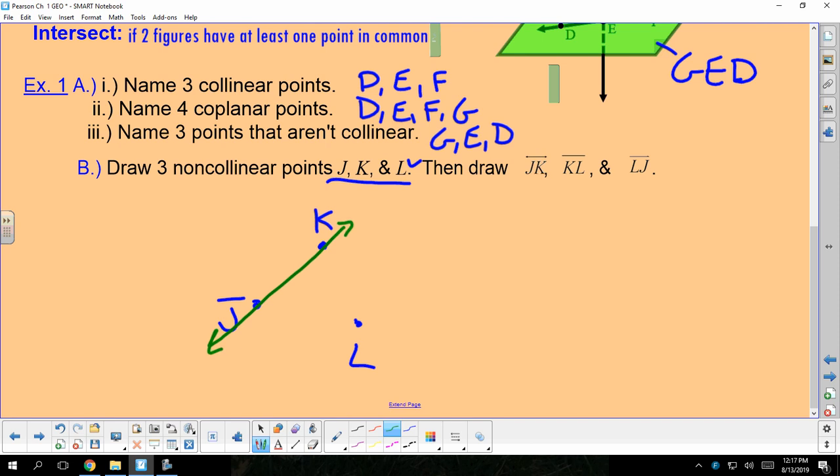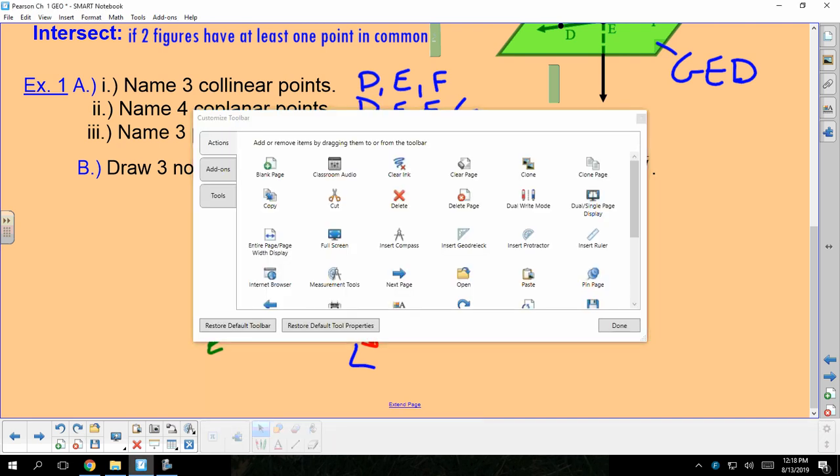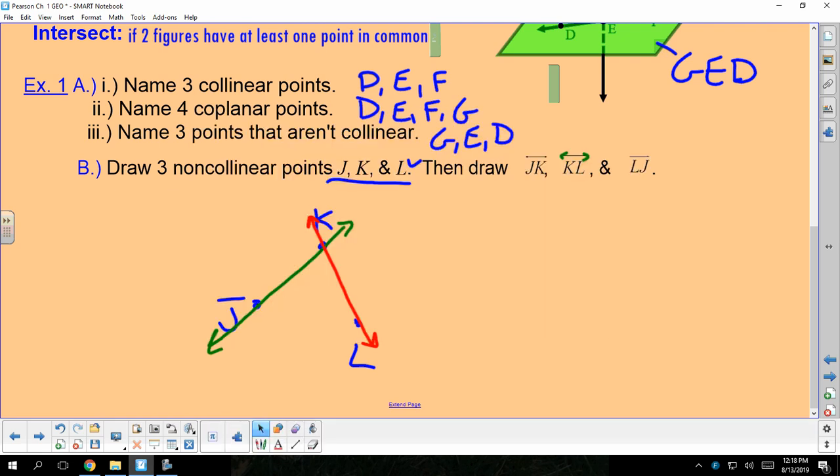In your notepad, you have KL as a line as well. So we'll change this to a line here, KL, in both directions. And then LJ is just going to be a segment that connects those two and ends at both of them. So LJ and JK.